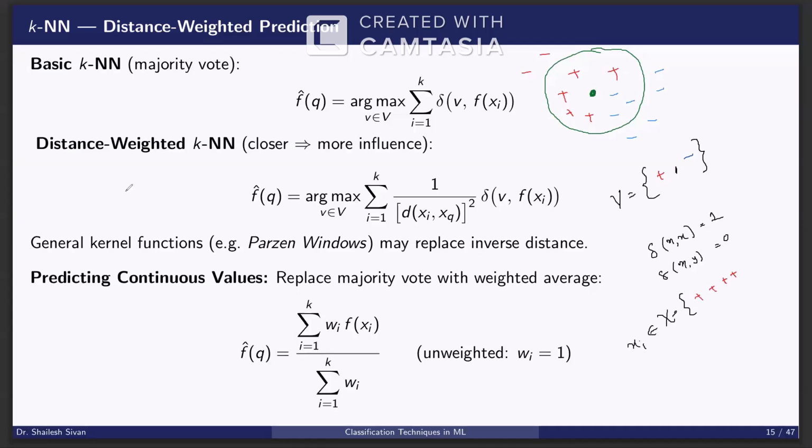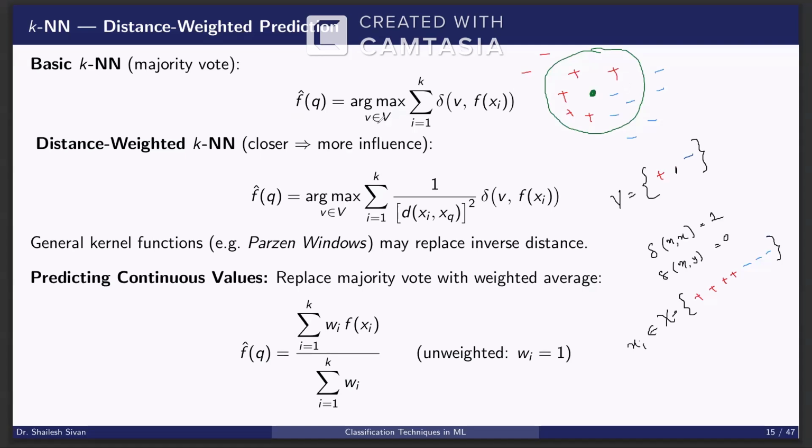Now, argmax of this particular quantity is the maximum. So we have two possibilities, as we are having two classes.